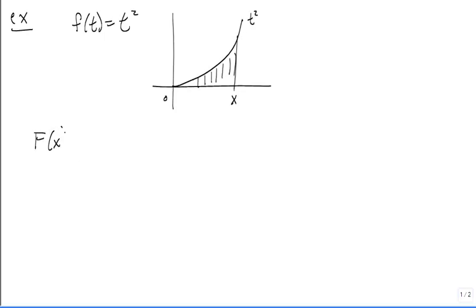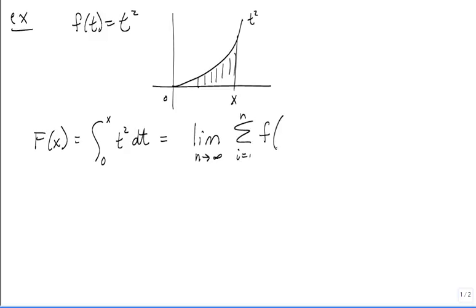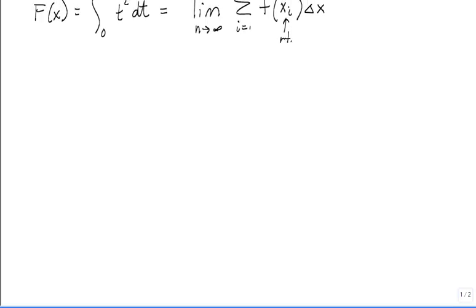So F(x) is the integral from 0 to x of t squared dt, which if we do Riemann sums, it's the limit as n goes to infinity of the sum from i equals 1 to n of f(x_i) delta x. So let's use the right-hand endpoint. First off, delta x is going to be x minus 0 because this is from 0 to x. Now x is still a variable, so that's x over n.